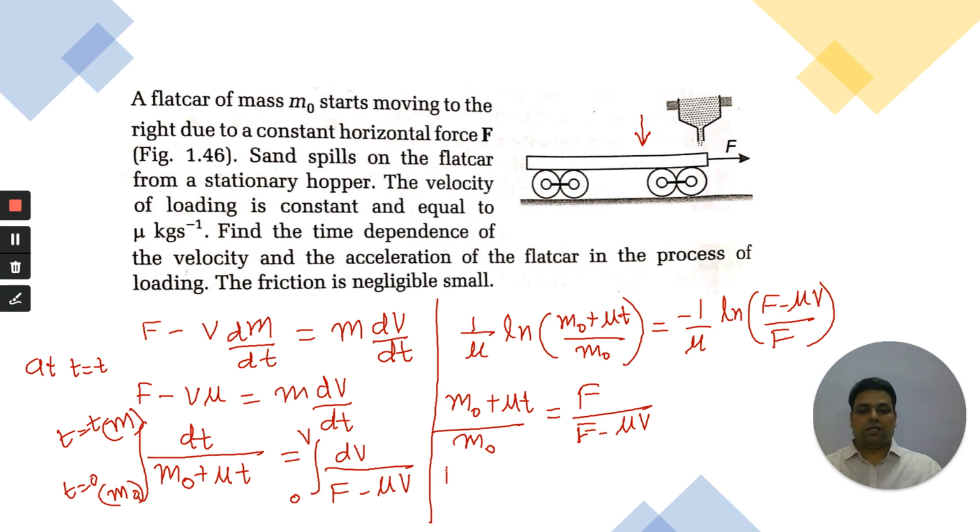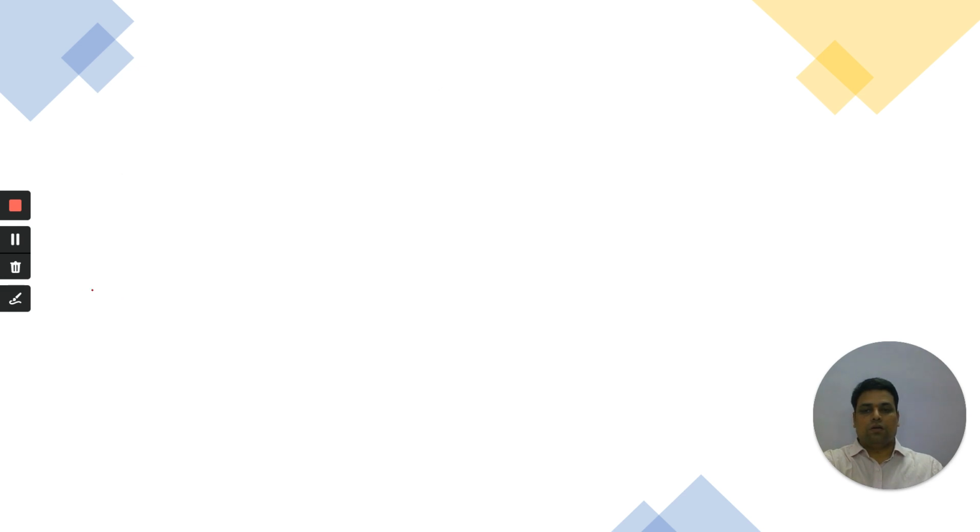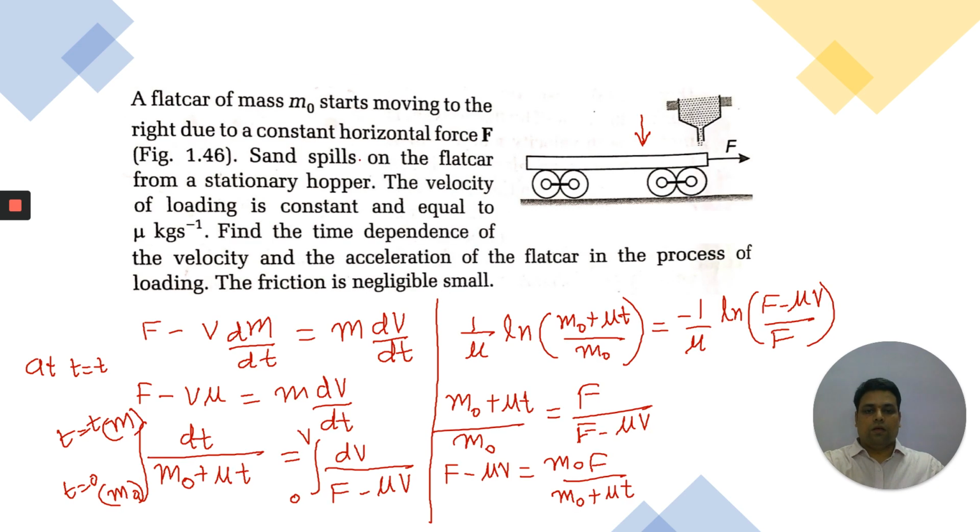We can write F minus mu v equal to m naught F by m naught plus mu t. I'm going to the next page. So we have F minus mu v equal to m naught F by m naught plus mu t.